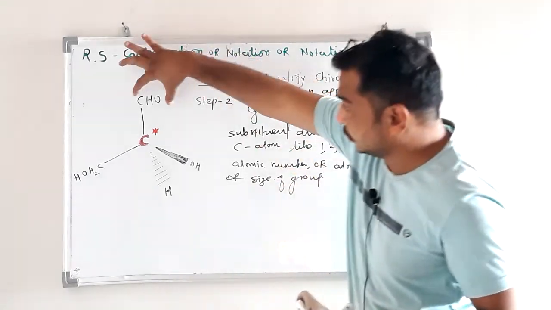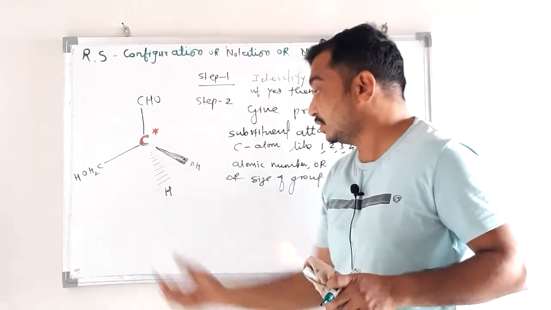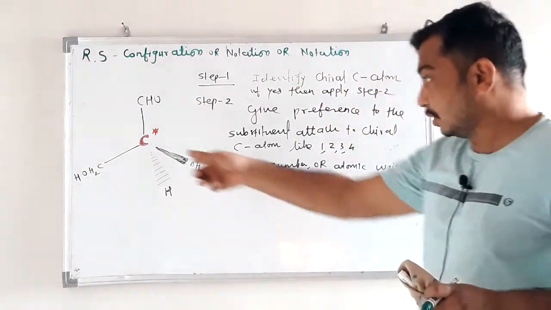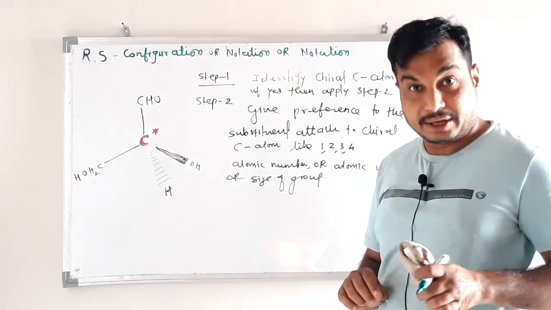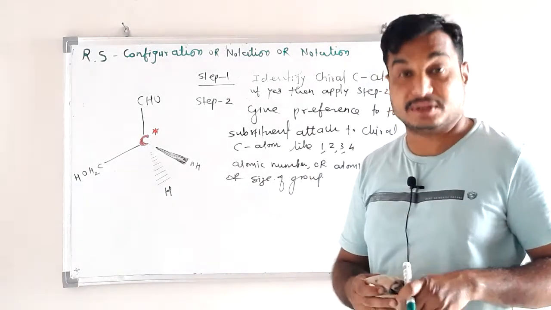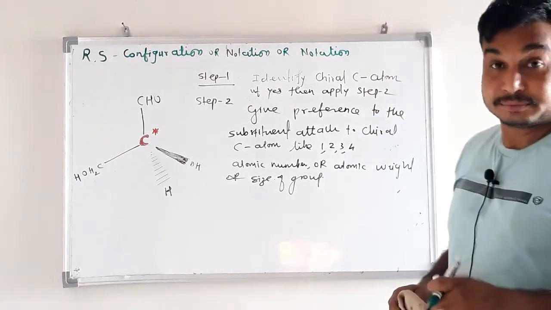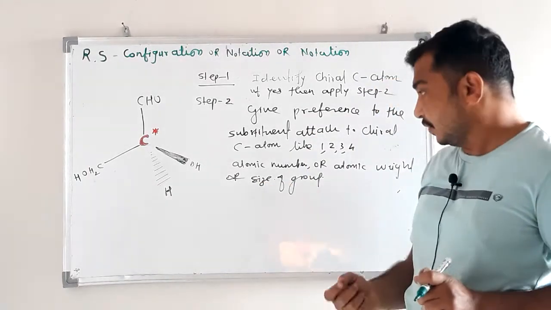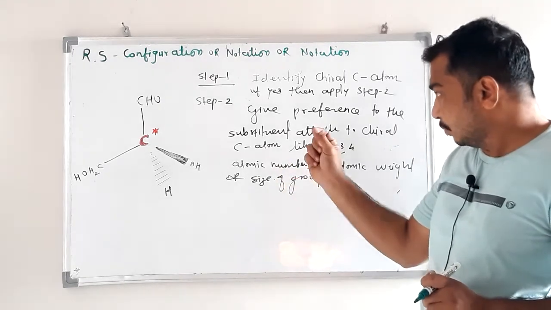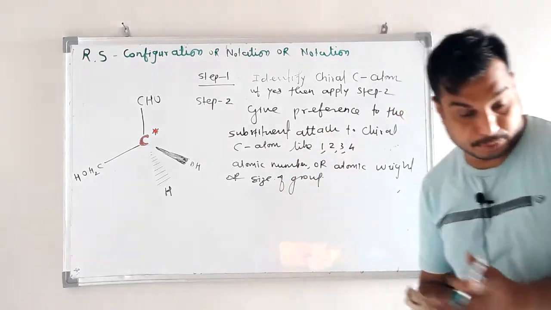These are the groups: CHO, CH2OH, OH. These are the groups attached to the carbon atom. Now just wait, I will tell you the proper word for this in place of preference.